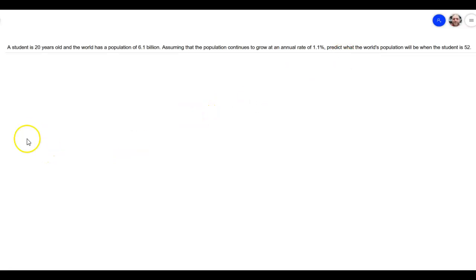All right, so the formula that we want to use here to find the population after the student is 52 is this one.